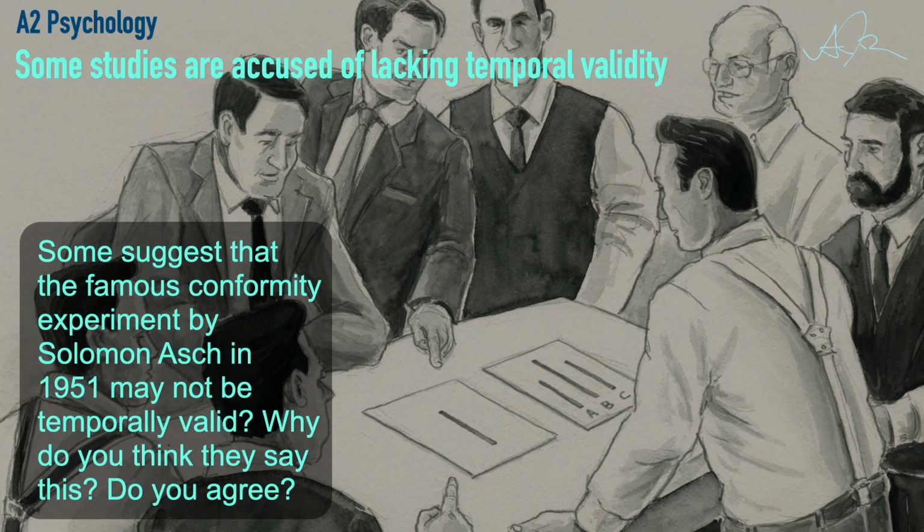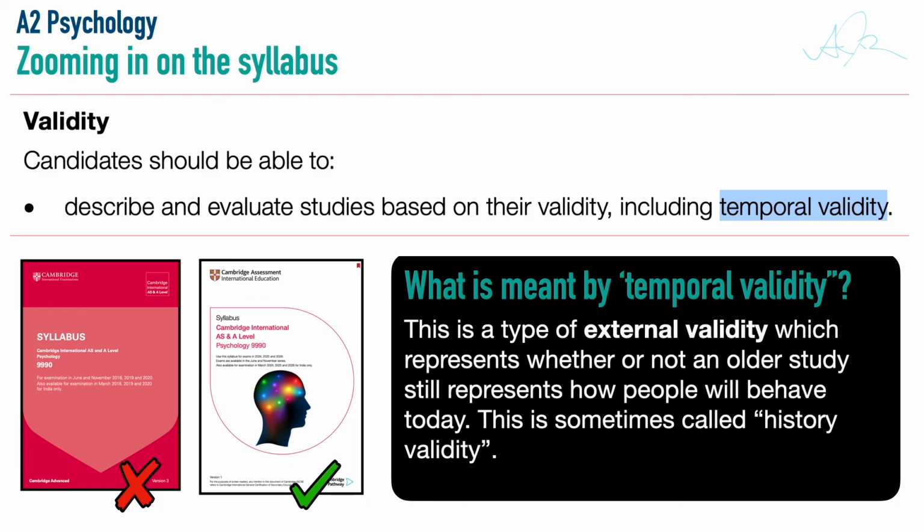I don't know if it's going to come up for clinical that much or for health, but just be aware there is a small possibility that they could ask specifically about temporal validity in one of the papers. A lot of teachers miss this because of the old syllabus. If you didn't pay close attention, you could have missed it because it's only mentioned in a small place.